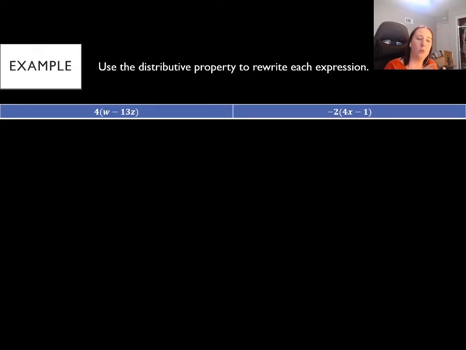So when you rewrite it as adding a negative, you're less likely to make those mistakes. Now, ideally, once you've done enough practice, you don't need to do that step at all, but it's good when you're just learning because it really will save you time in finding your errors and frustration and all that. So I'm going to start by rewriting this. I have 4 times 1w, and then I'm turning the minus into adding a negative 13z.